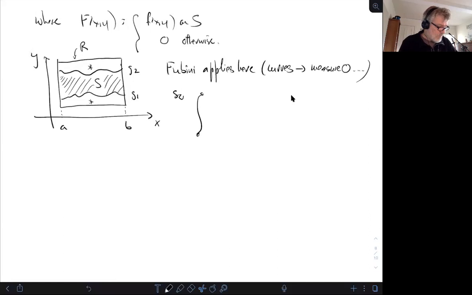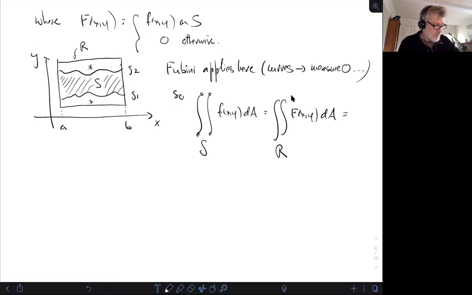The double integral over S of little f is defined as the double integral over the rectangle R of big F, the stranger looking function. I'm applying Fubini here, so I'm going to get the integral from a to b. Sorry, I should have added in my picture, this is c.